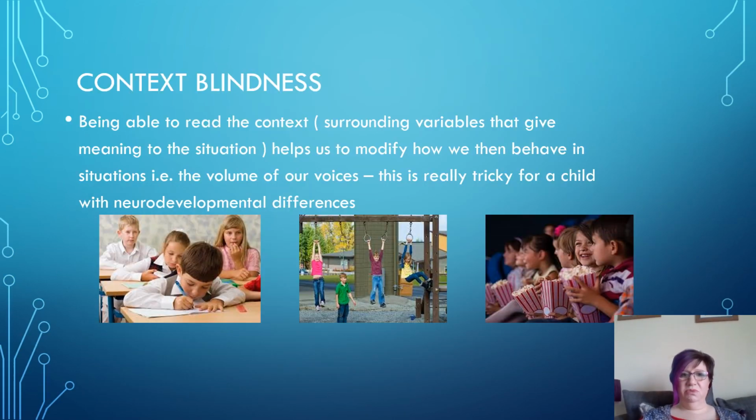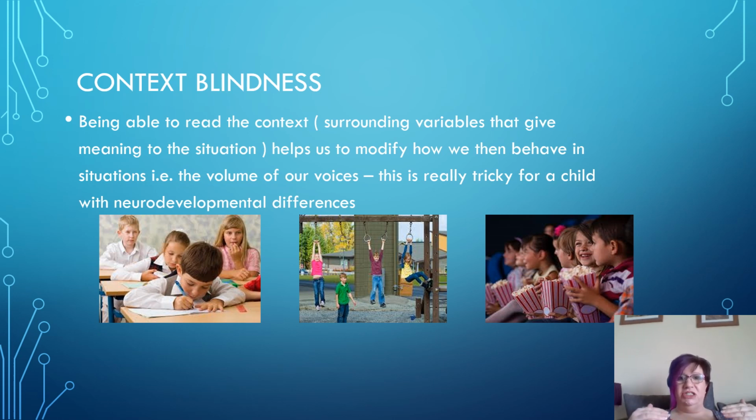Okay, so we're now going to move on from central coherence onto context blindness. So this is a little bit different. This is thinking about being able to read a situation, being able to read the context of what is happening in that situation.